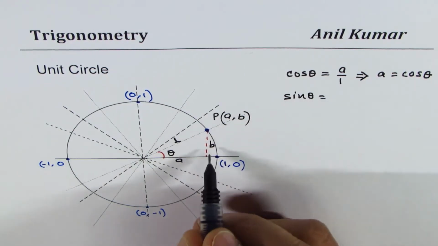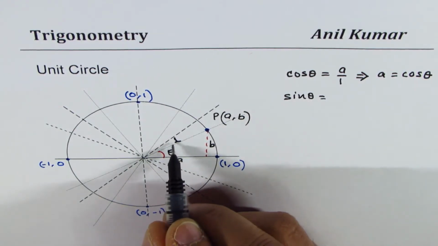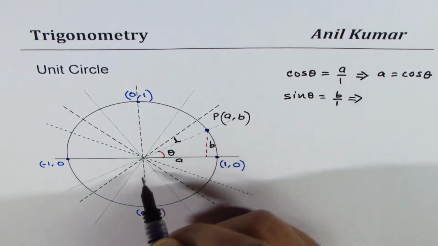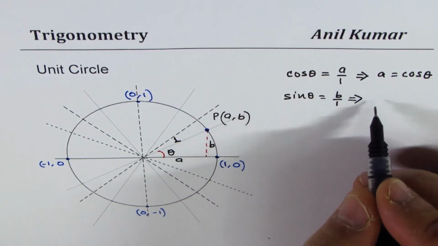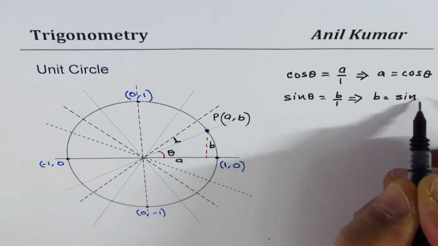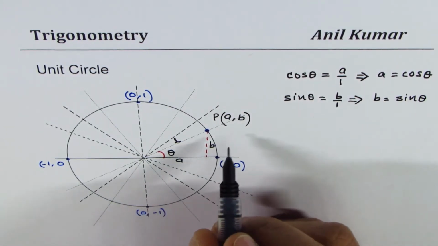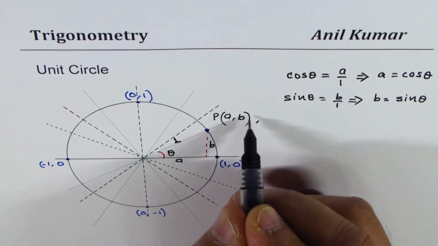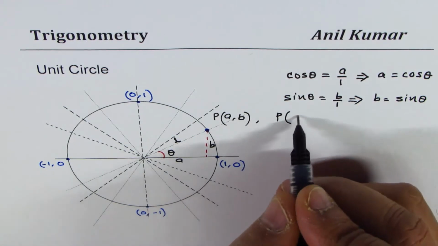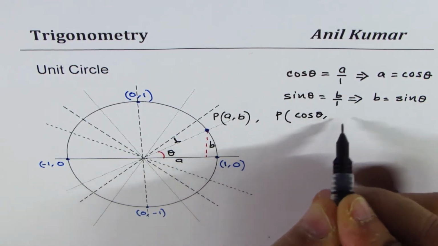Sine theta equals opposite side over hypotenuse, so it is B over 1, since 1 is the radius of our unit circle. So B equals sine theta. Now that clearly indicates that I could write a point P for a unit circle as (cos theta, sine theta).